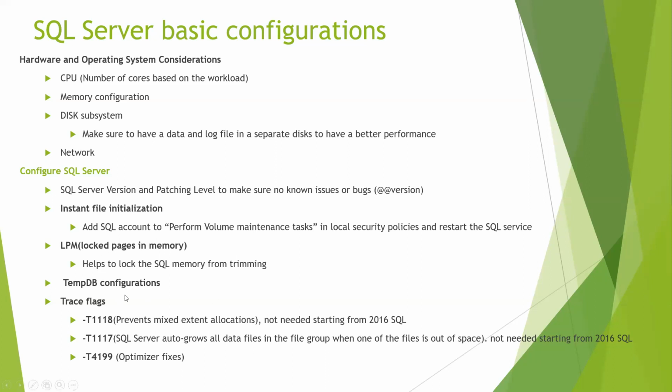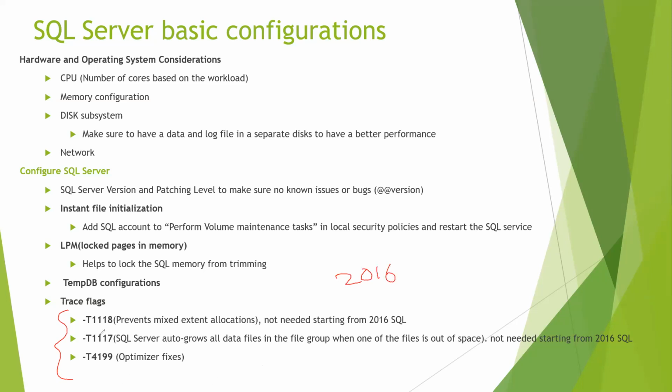So that is the reason we should have a proper Tempdb and dedicated disk for Tempdb in SQL Server, right? There are trace flags that improve the performance of your execution, but the majority of these trace flags are fixed in later versions of SQL Server. Starting from 2016, these behaviors are by default, right?